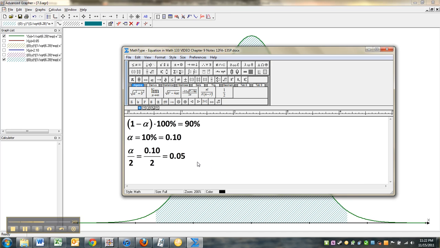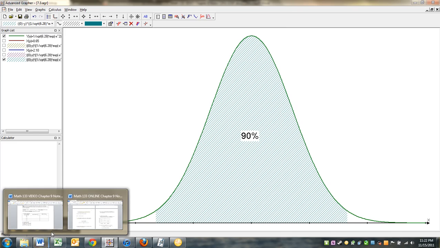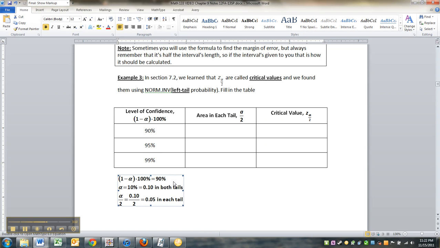Okay, so there's 0.05 in each tail. And there's 0.10 in both tails. Okay? So let's keep that in mind. All right, so this would be 0.05 in the tail.